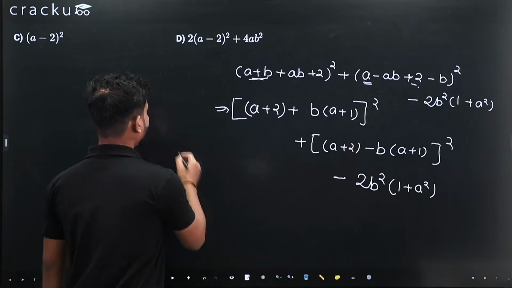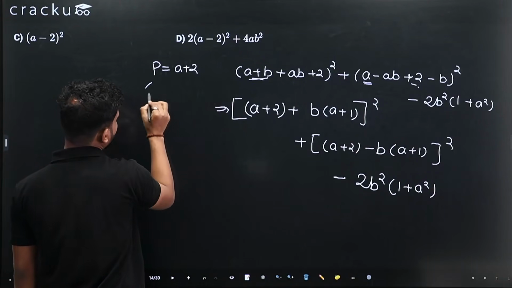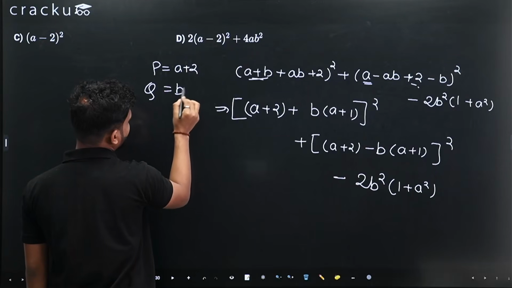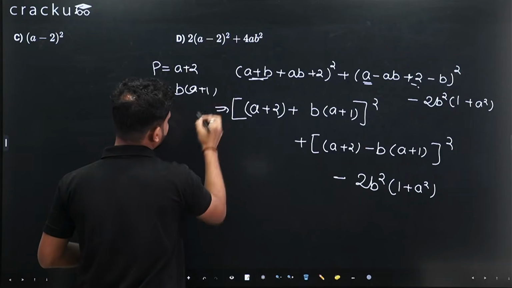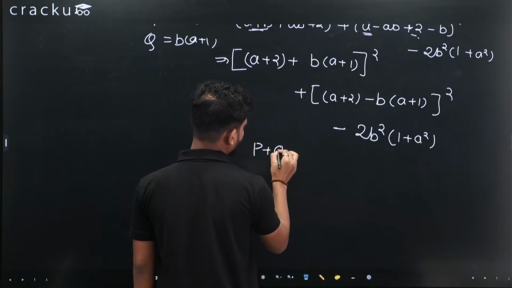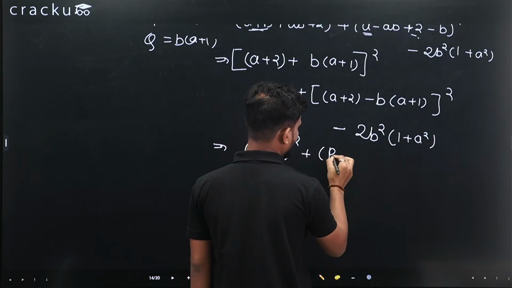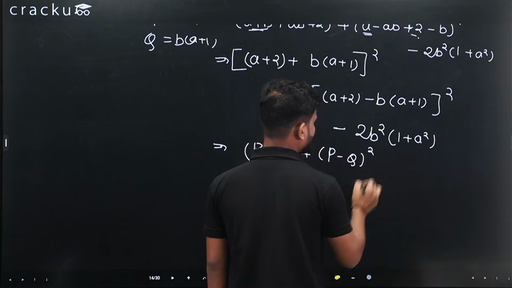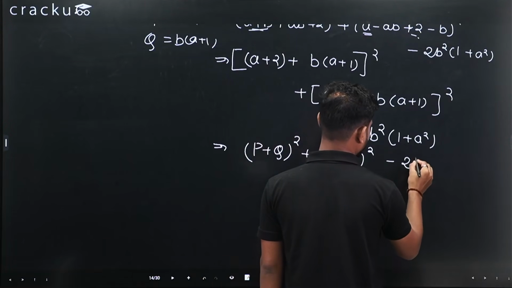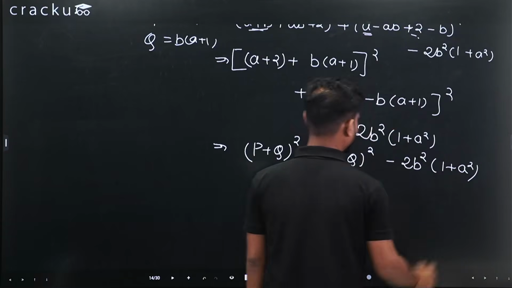Now let us put P equal to A plus 2 and Q equal to B into A plus 1. From here what I get? I get (P plus Q) whole square plus (P minus Q) whole square minus 2B square into (1 plus A square), correct?